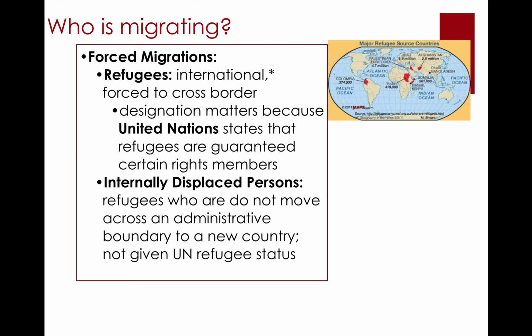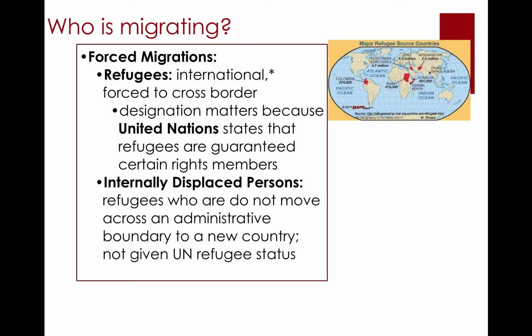What this often results in is another group of people in who is migrating. If someone doesn't cross an international border, then technically they do not receive that international refugee status, and so they instead are simply referred to as internally displaced. Displaced means to be forced out. So they don't cross that administrative boundary into a new country.